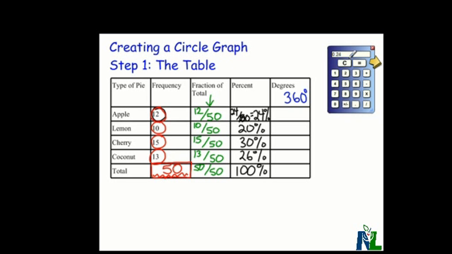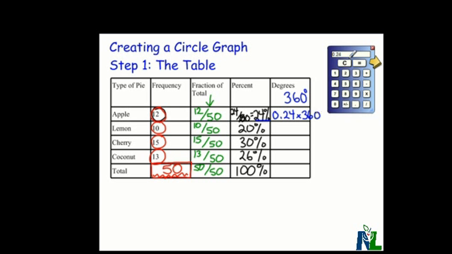Each of those sectors, their degrees have to add up to 360. So we're going to find, for apple, 24% of 360. And from chapter 3, you should remember how to do that. We're going to change our percent into a decimal and have 0.24 times 360.